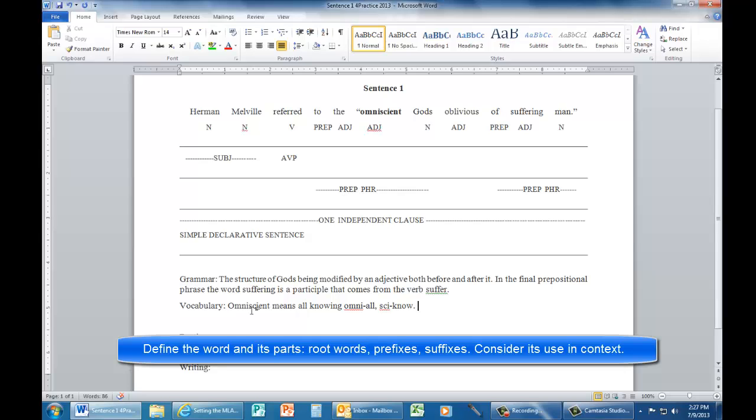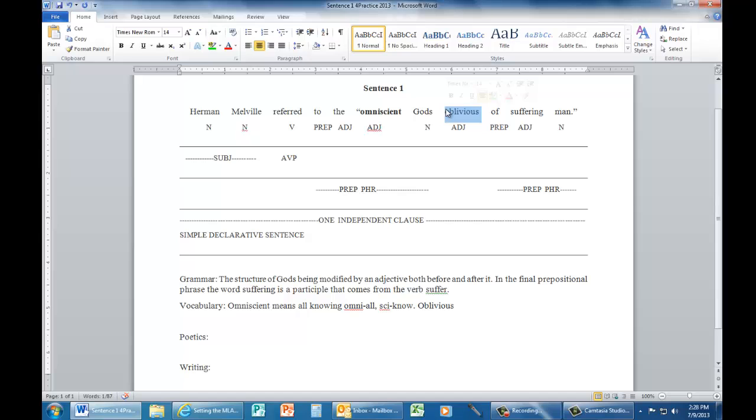God is all-knowing. However, the pairing of the second adjective, oblivious, becomes even more significant. Oblivious means not knowing. So in this case, we have two words describing gods that mean the opposite: omniscient, all-knowing, and oblivious, which means not knowing.